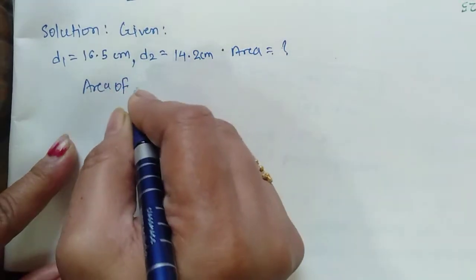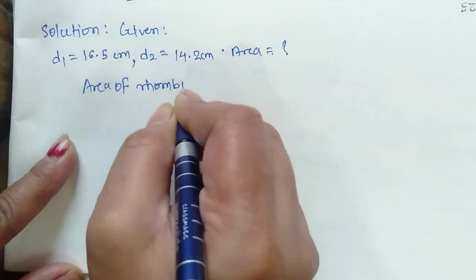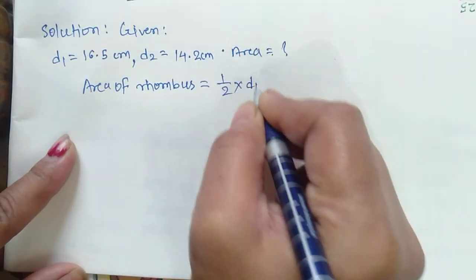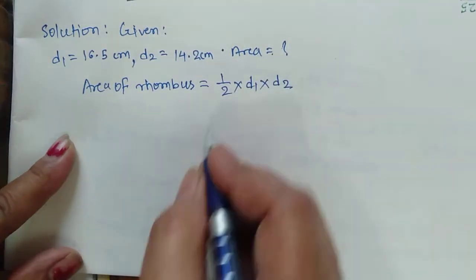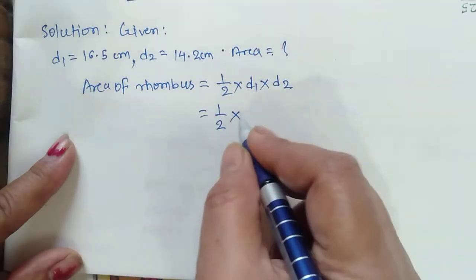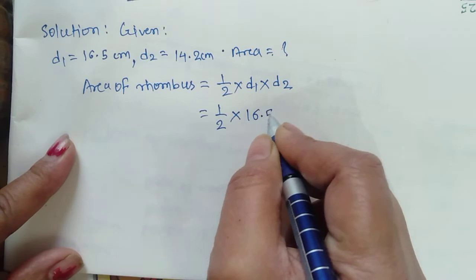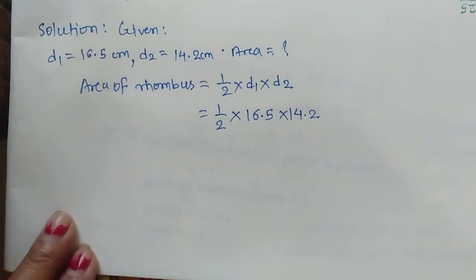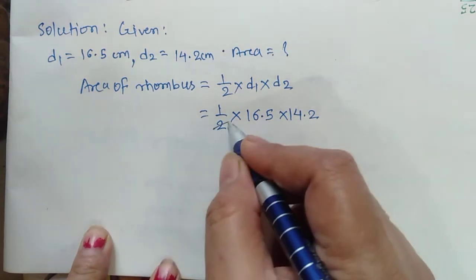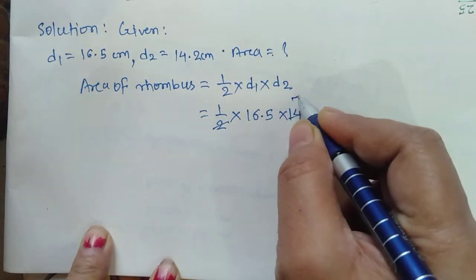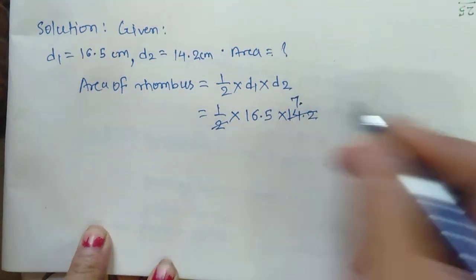Area of rhombus is equal to half into d1 multiplied by d2. So put in the values. Half into 16.5 multiplied by 14.2. So again it is an even number, so divide by 2. 2 sevens are 14.